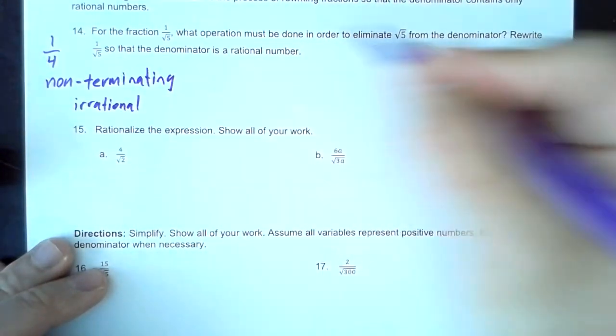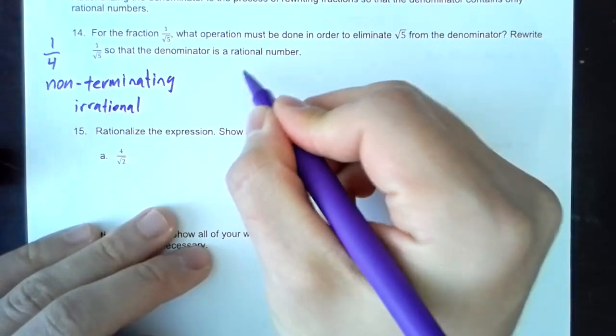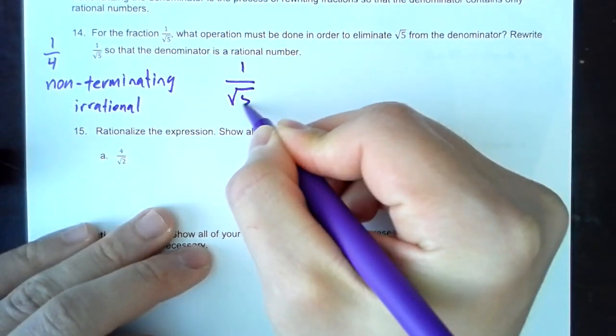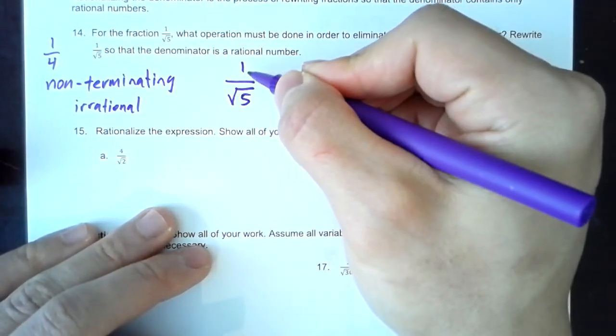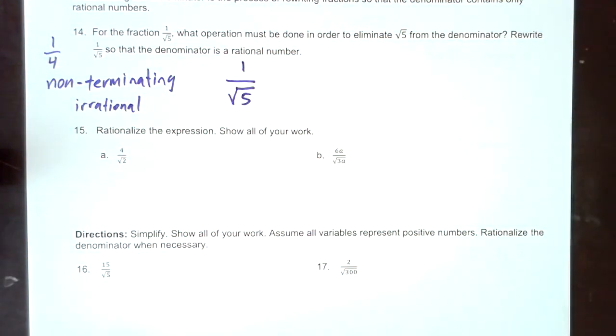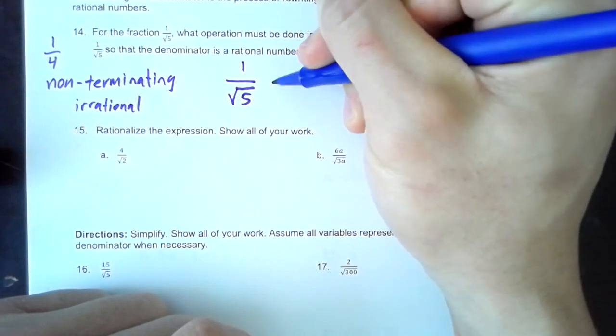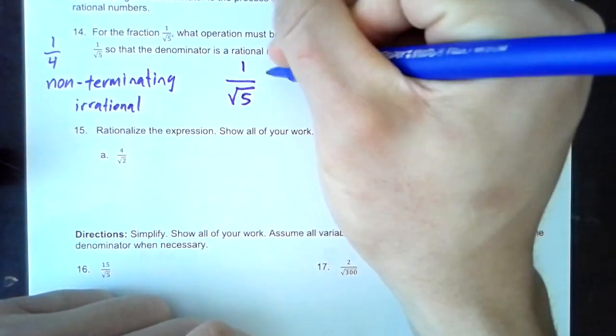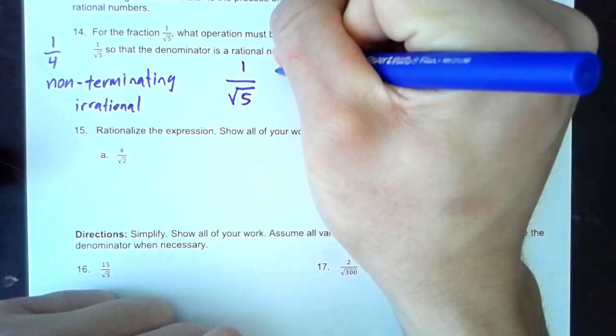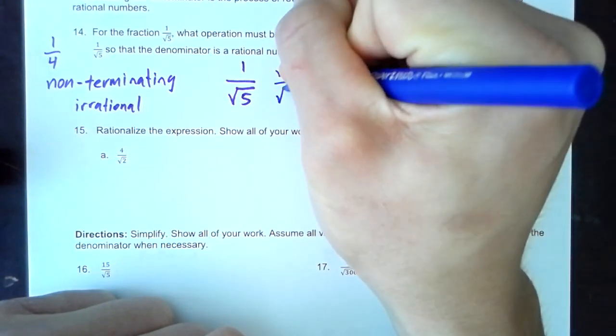So the one thing we need to do is pretty simple. If I have 1 divided by square root of 5, all we have to do is multiply the numerator and the denominator by the same thing. We're going to multiply by the square root of 5.